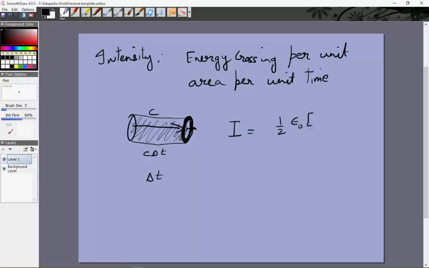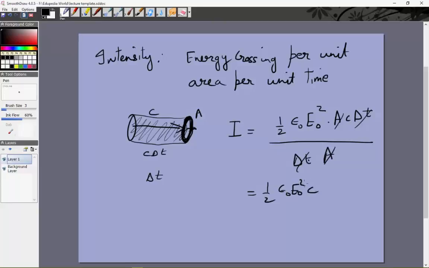Half epsilon naught E naught squared into the total volume. Let's say the area is A, so the total volume will be A c delta t, divided by the area divided by the time. So this and this cancel. Ultimately we get half epsilon naught E naught squared c. Or a standard result which you should remember for all waves, not just electromagnetic waves, the intensity is equal to the energy density multiplied by the speed of light or the speed of the wave, right?